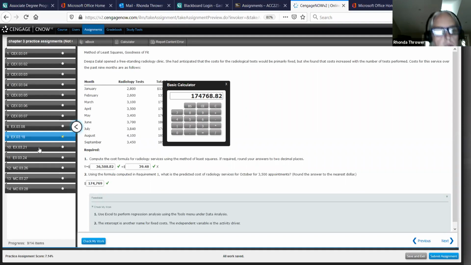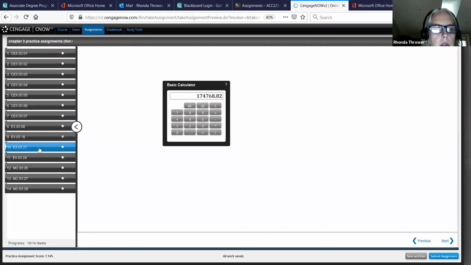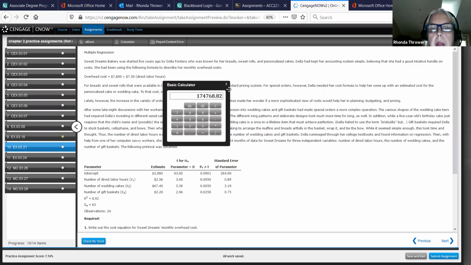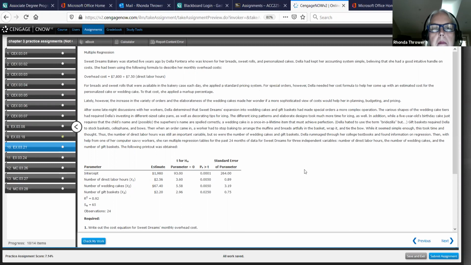You probably are still seeing it, but I want to go ahead and look at the next exercise with you, which is 3.21 that I've got chosen to demonstrate for you. So you should be able to see right now exercise 3.21.